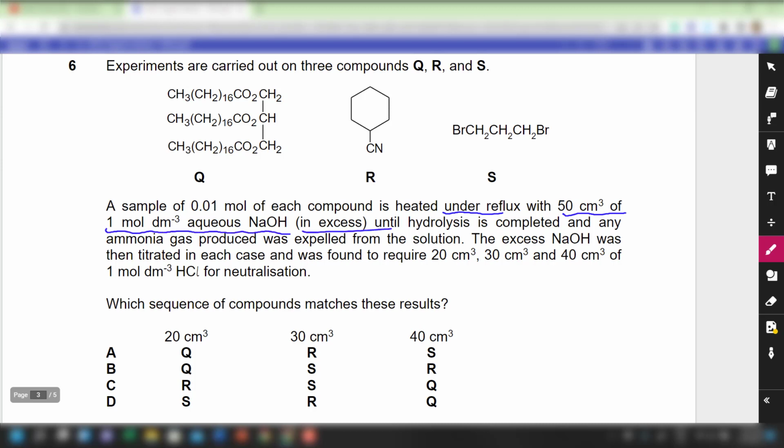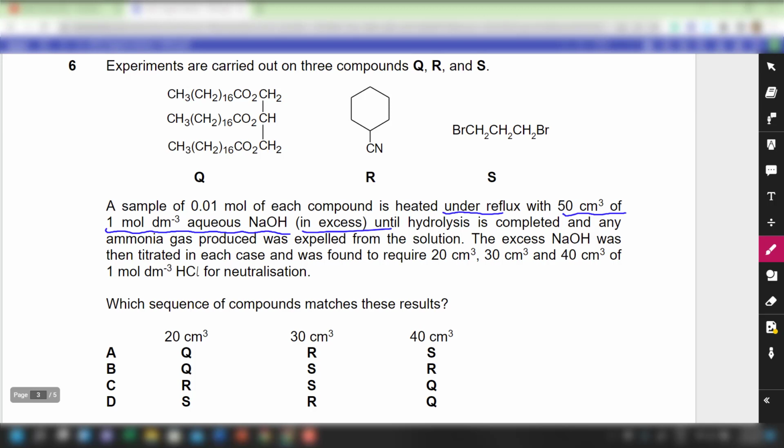You were told that this is in excess. So essentially we are looking at a complete alkaline hydrolysis. Since we are looking at complete alkaline hydrolysis, we can easily draw the corresponding products.